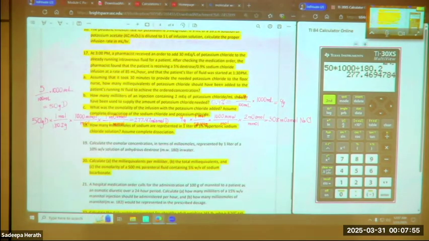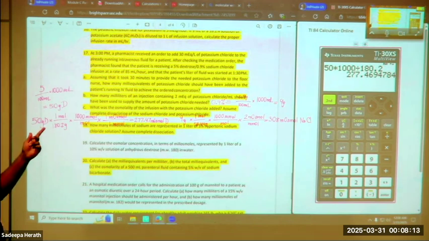Okay, now we need to find the milliequivalent of potassium chloride. Or milliosmol, sorry. What do we use, right?